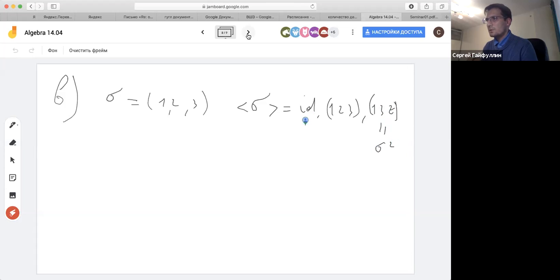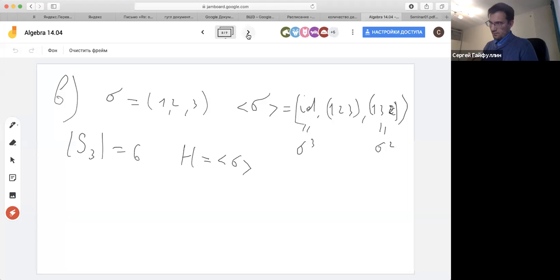And this is equal to sigma cubed, because sigma is just a cycle with length 3. So we have that the group S3 consists of 6 elements, and the subgroup H, which is equal to the cyclic group generated by sigma, consists of 3 elements.